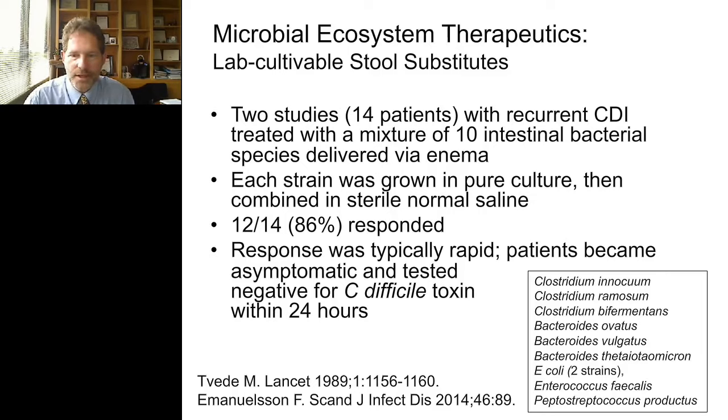You can see that 7 of these are anaerobes, Clostridia, Bacteroides, and then a couple of strains of E. coli and Enterococcus. They were grown in pure culture, then combined with sterile normal saline and given via enema. Over 86% response rate. Patients became asymptomatic and no longer had detectable C. diff toxin.